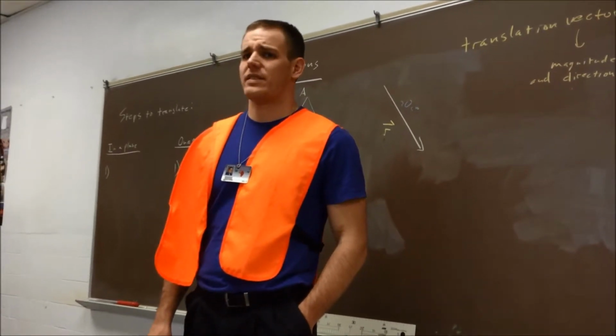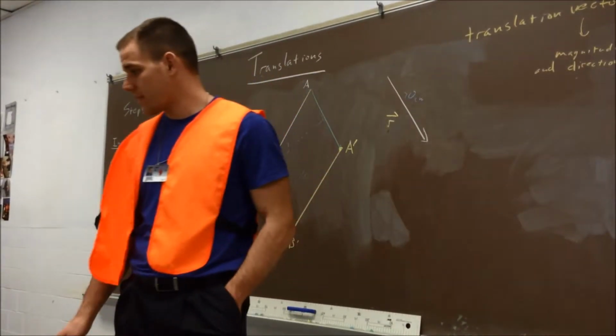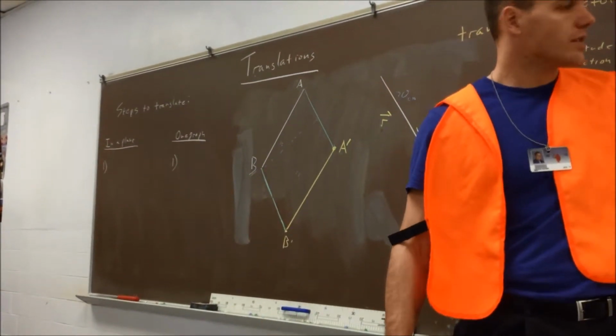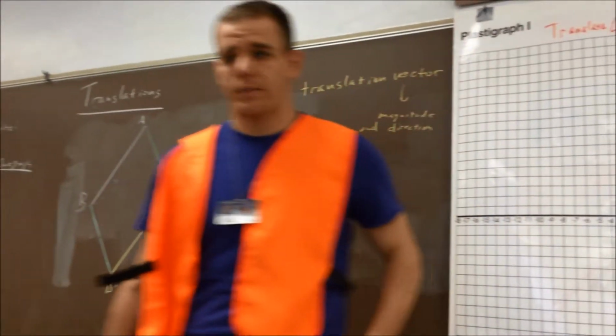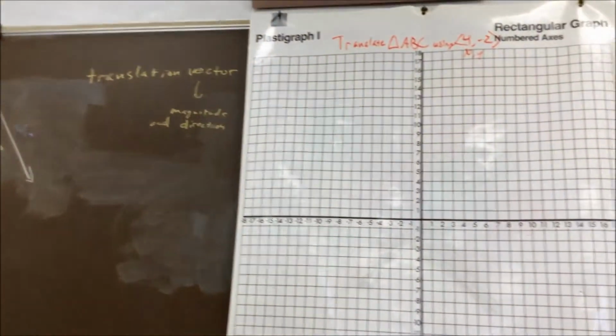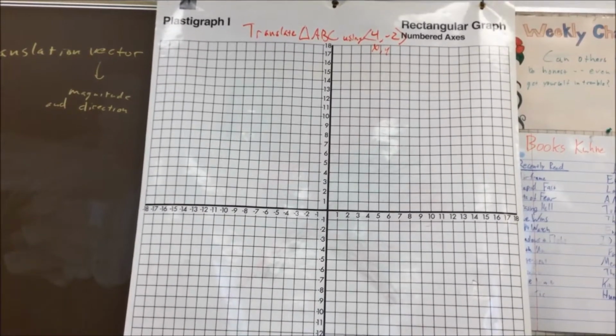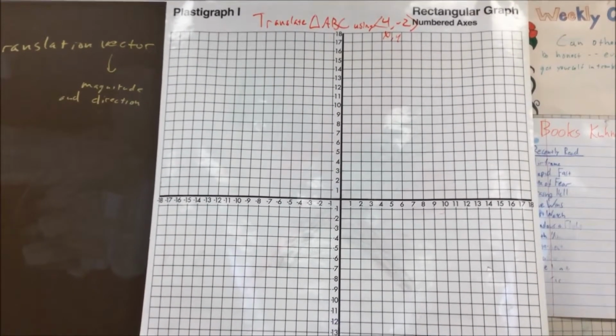Like, Mr. King, graphing's never easier. Yes, it is. Trust me. Let's draw a triangle up here in the first quadrant. And what we're going to do is we are going to translate it using the vector ⟨4, -2⟩.